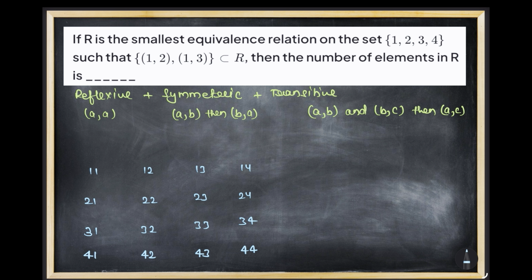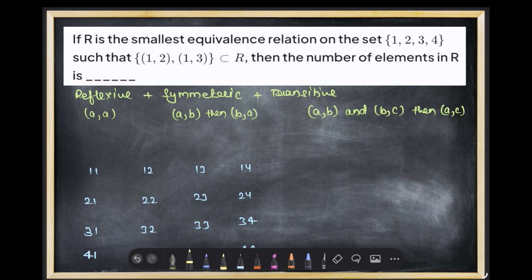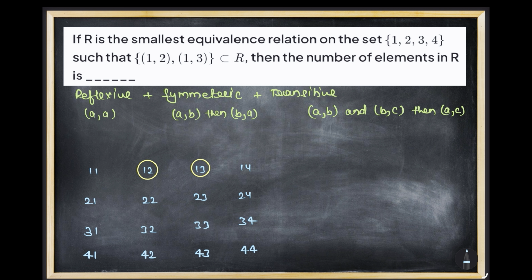Now remove. Look here. In your set, you have already considered 1 comma 2 and 1 comma 3. If they tell you the largest set, you should consider everything.